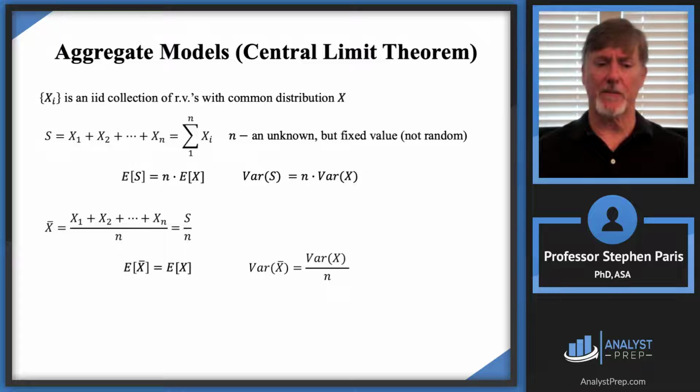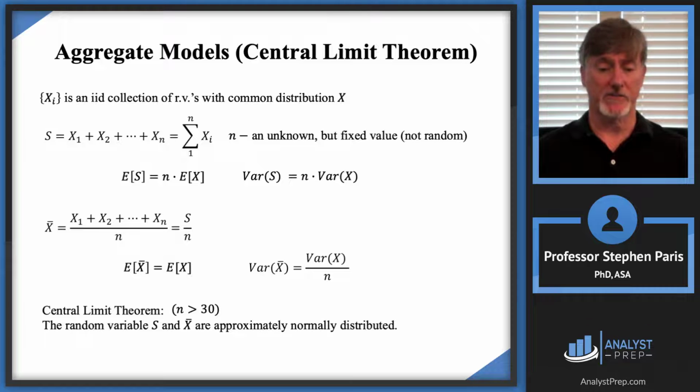The expected value of cap X bar is just the expected value of cap X, but the variance of cap X bar is the variance of cap X, the common distribution, divided by the number of terms that I'm adding together. And then finally, the central limit theorem tells me that if n is greater than 30, the random variables cap S and cap X bar can be approximated by normal distributions.